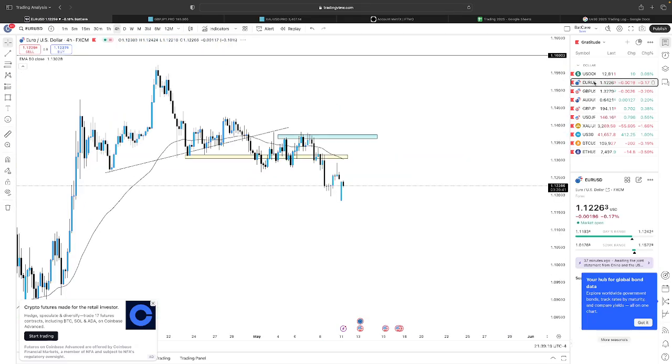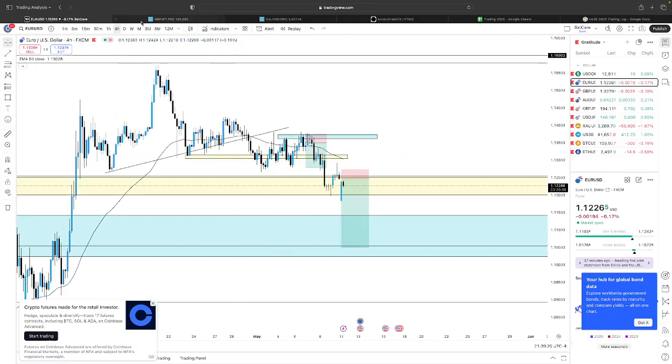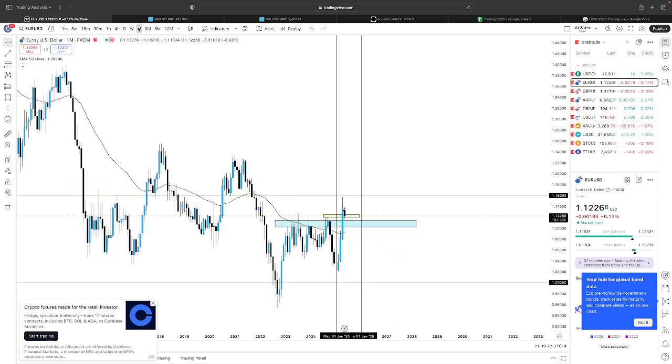So if you were to go to EURUSD, here as you can see on the monthly time frame has created a bearish candle, following a bullish candle with a large upper wick.